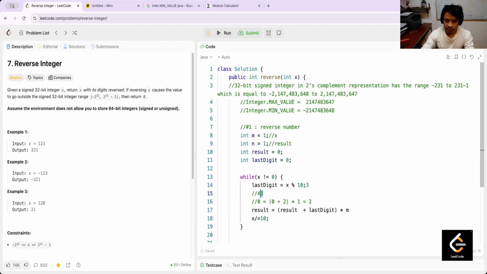Now here result changes: 2 plus 3, that is the last digit. No, this is wrong. This is multiplied by n. It's this way, sorry.